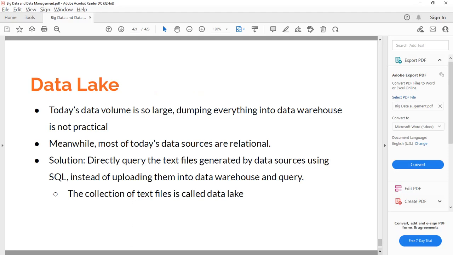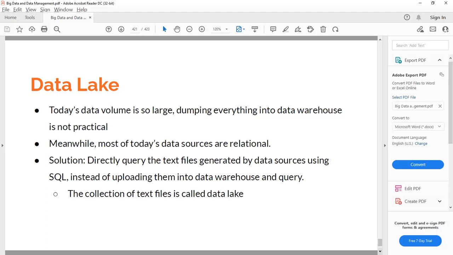So some people try to resolve that by running queries directly against the fact table, directly against the transactional tables, which is either the ODS or the logical data warehouse. Meanwhile, we also notice that most of today's data sources are relational.